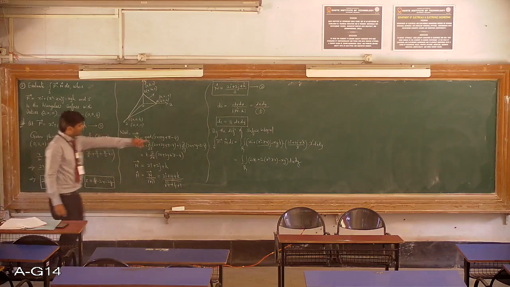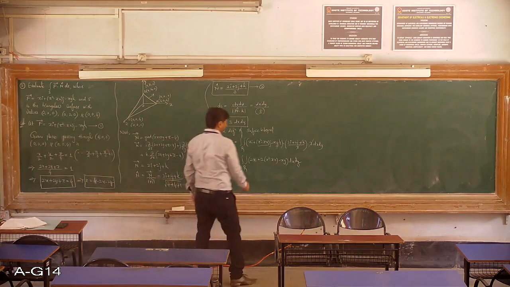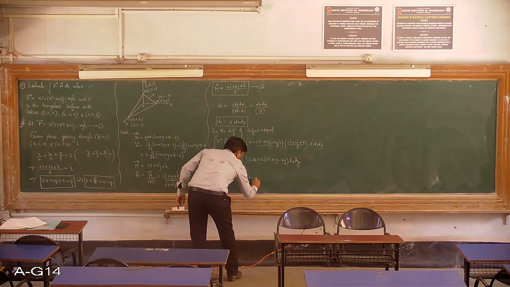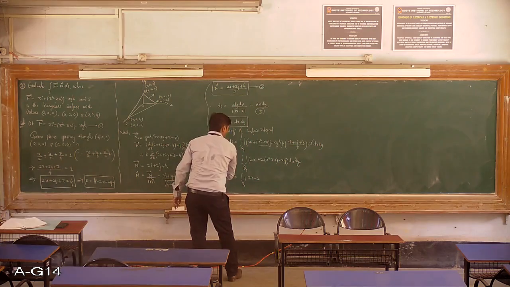So now we can use that z in this particular equation. That means double integration over a region R of 2x plus 2 into that whole z.